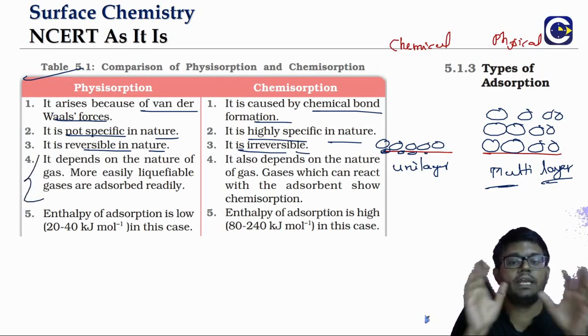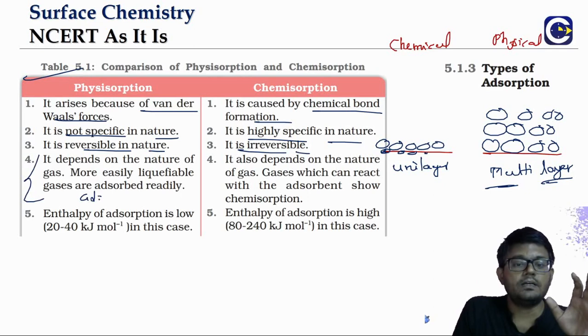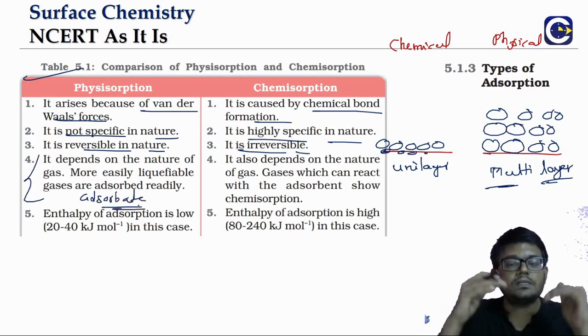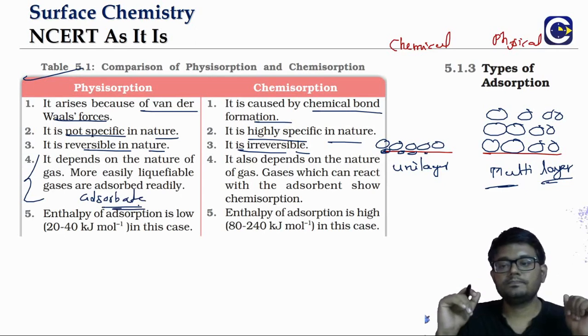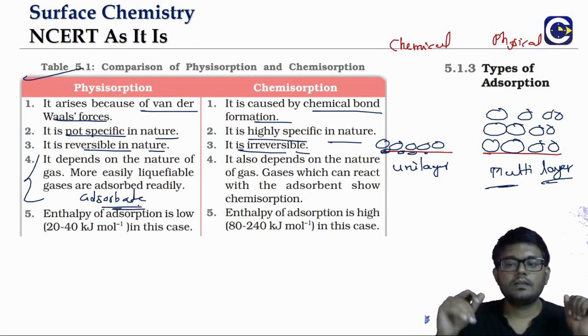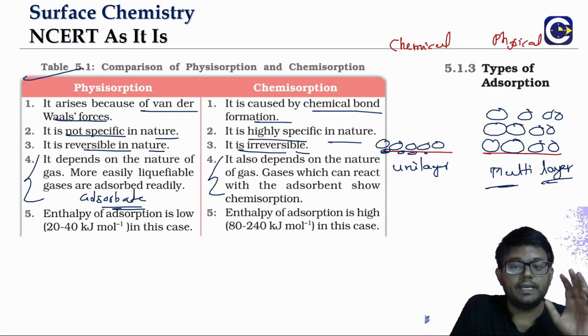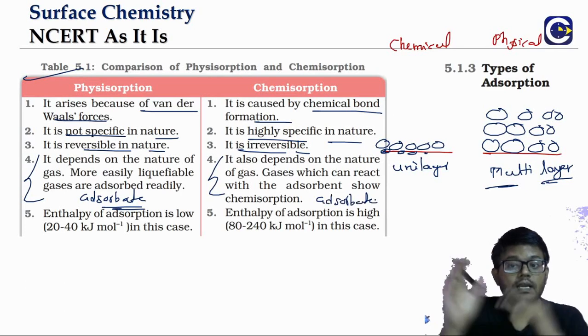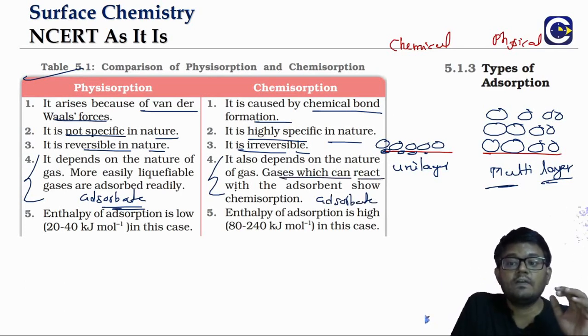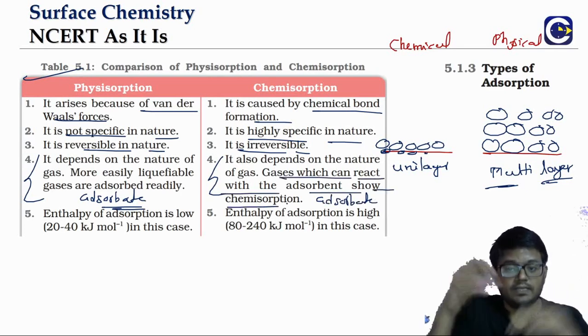How will it depend upon the nature of the adsorbate? In physical adsorption, the more liquefiable the gas, the more readily it will be adsorbed. Chemical adsorption also depends upon the nature of the adsorbate, but the relation will be different. The gases which can easily react with the adsorbent.